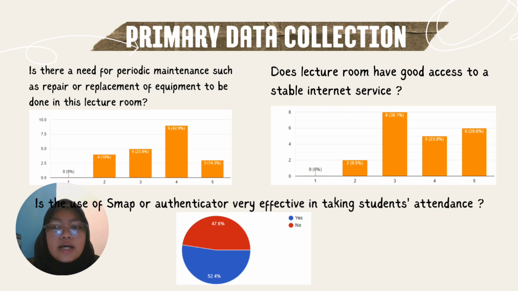The use of an authenticator can provide safety and can secure the system from being hacked by outsiders. Hence, it can also prevent students from taking their friends' attendance when those friends do not attend the class. Next, 47.6% chose no as their answer about the effectiveness of using an authenticator or SMAP in taking student attendance.